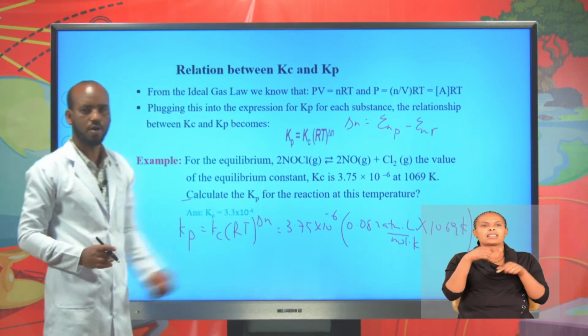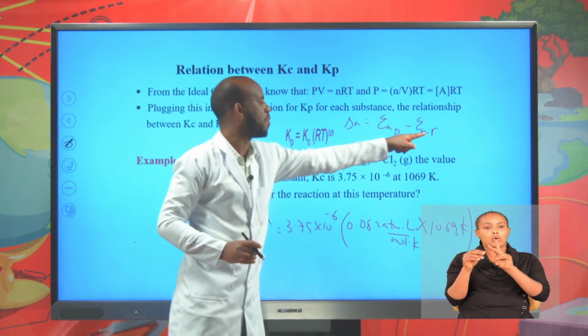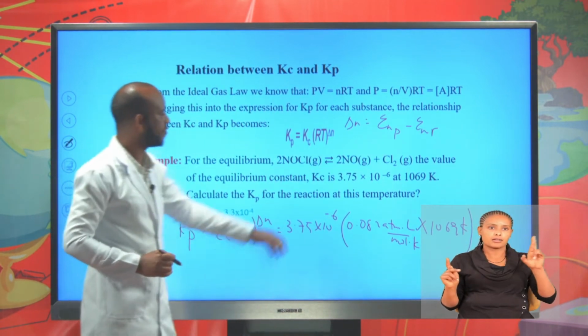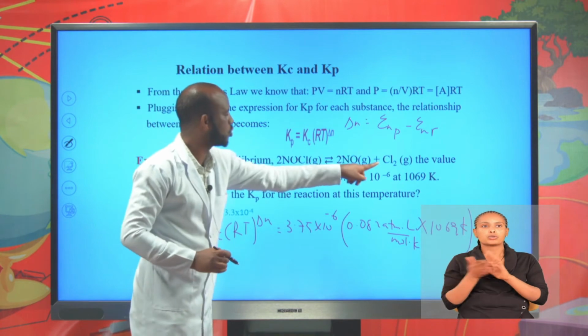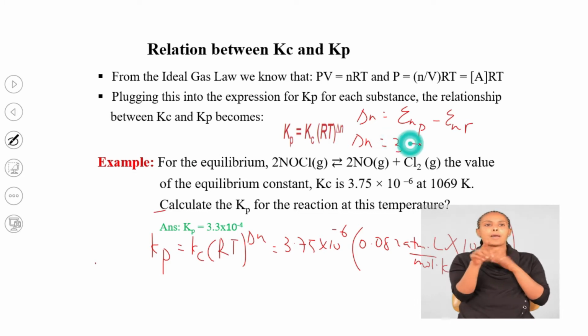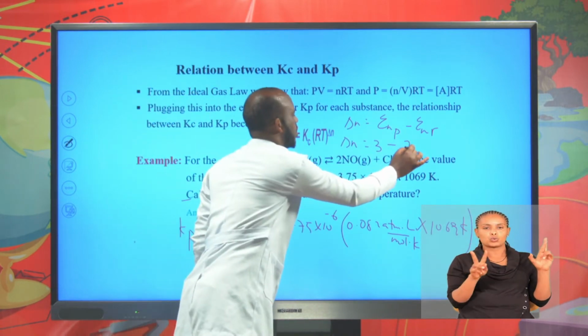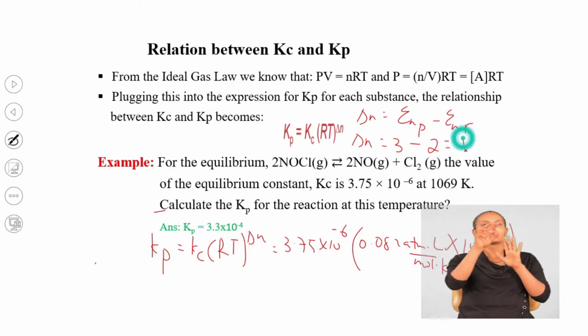Change in number of moles is the summation of the number of moles of product minus the summation of the number of moles of reactant. The summation of the number of moles of product is 2 plus 1, which is 3. Delta n equals 3 minus the summation of the number of moles of reactant, which is 2. 3 minus 2 is 1.